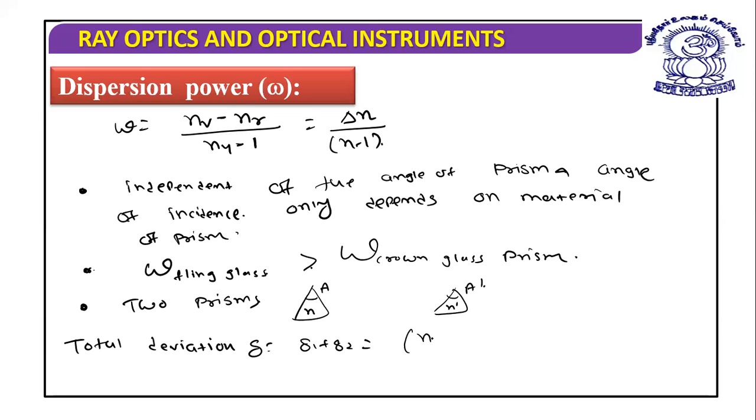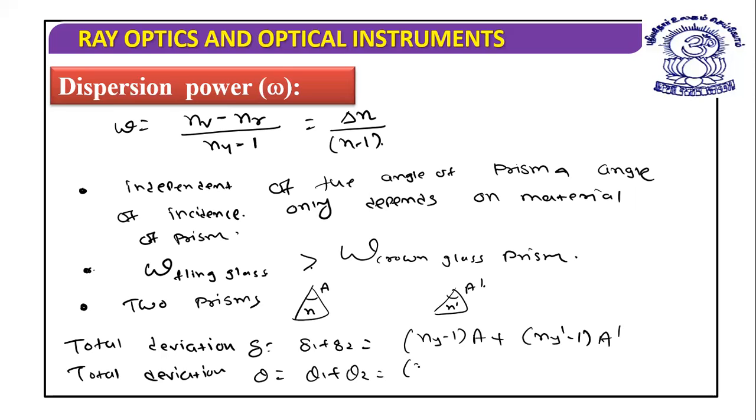That is (n minus 1) into A plus (n dash minus 1) into A dash. The total angular dispersion will be theta 1 plus theta 2, that is (nv minus nr) into A plus (nv dash minus nr dash) into A dash.